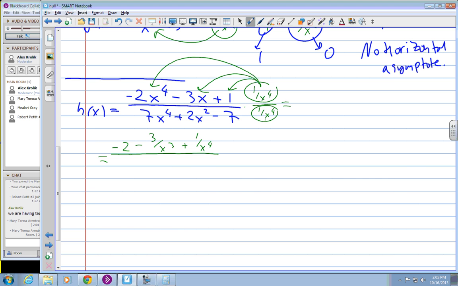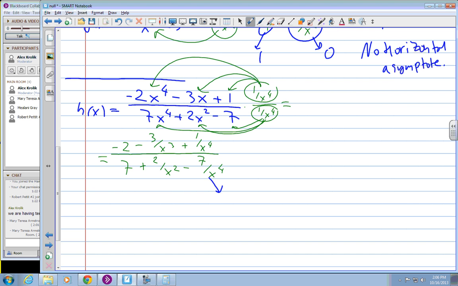What happens when we multiply by 7x to the 4th? 7, and then the next product. 2 over x squared, you said? And finally? Okay. Is that okay?